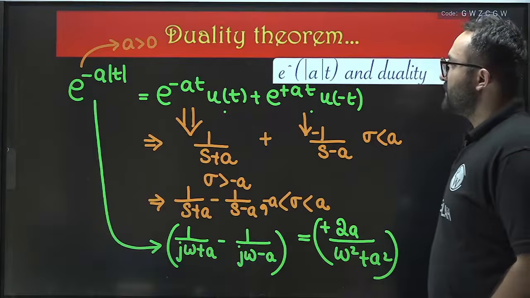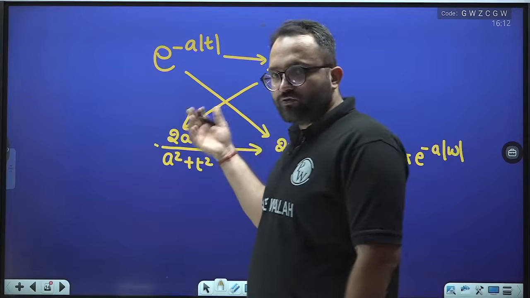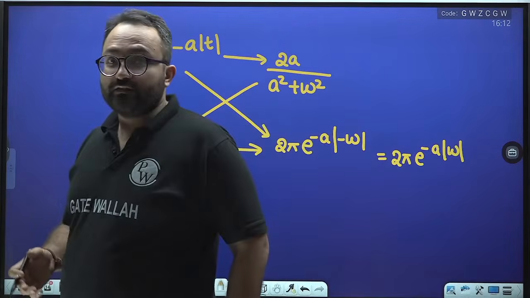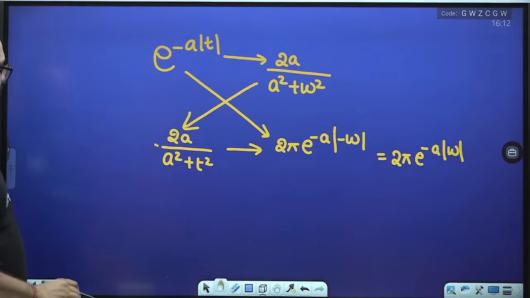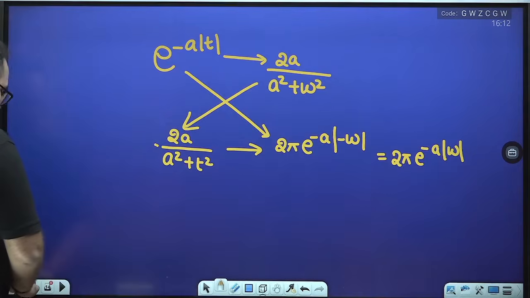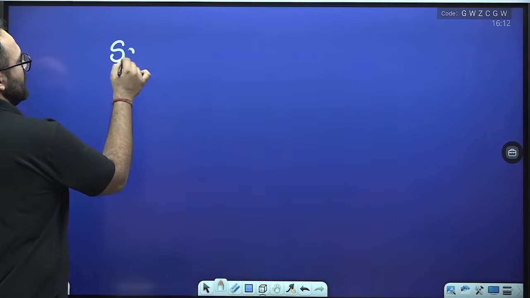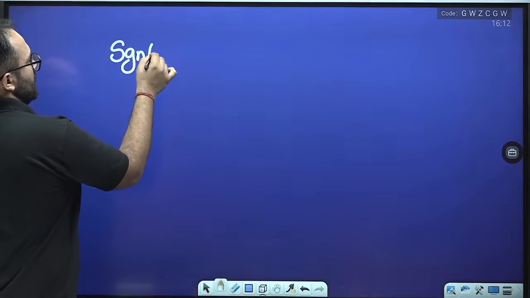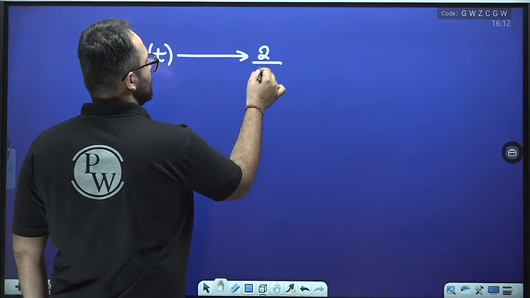Before moving on, let's use the result for the Signum function also. Then we will combine all these. The Signum function says that Signum t has Fourier transform 2 by j omega.